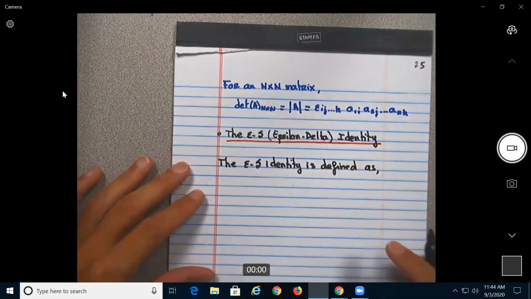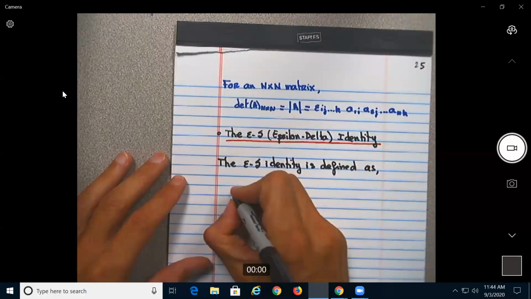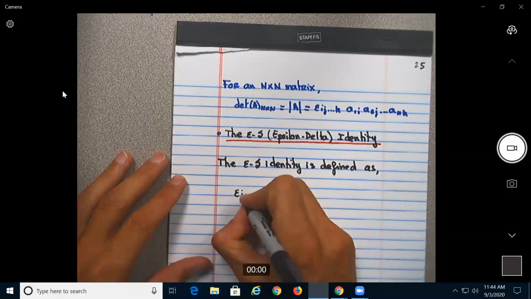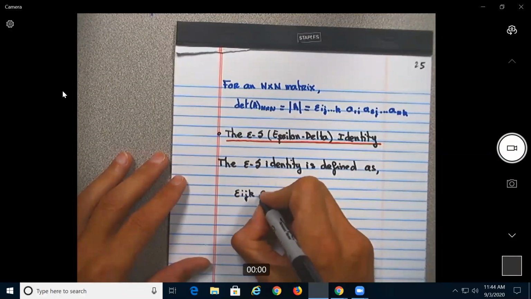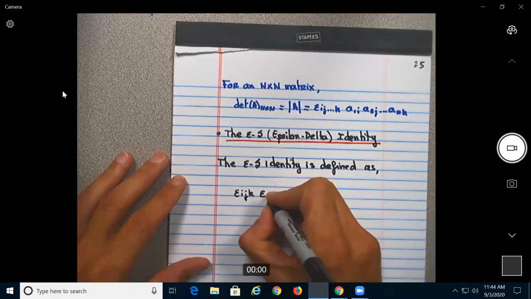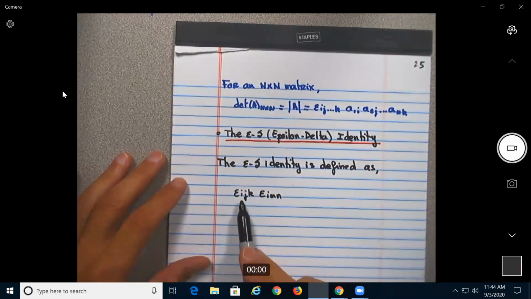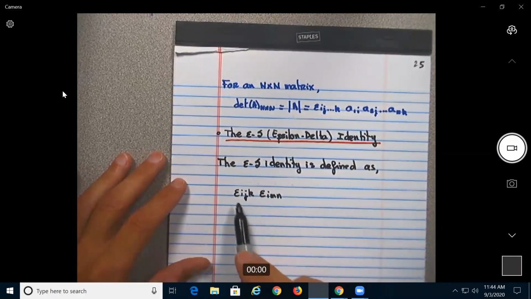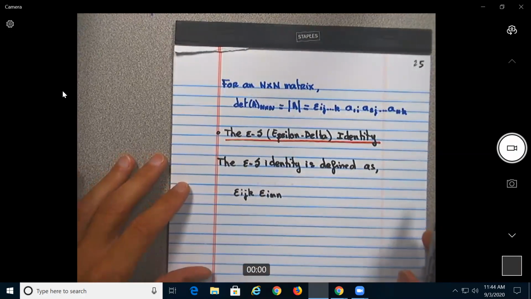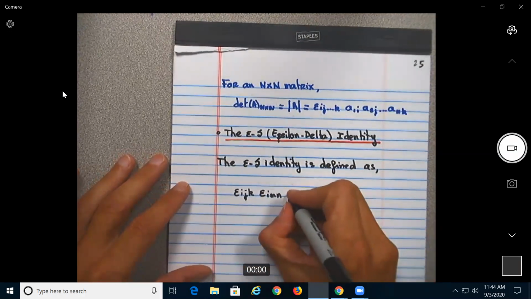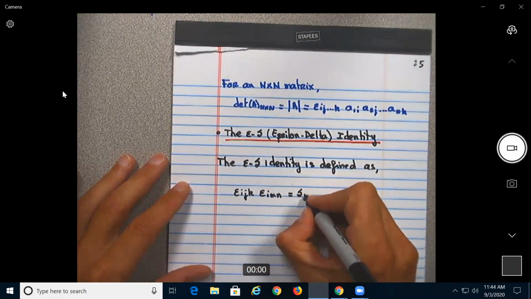as, so here pay a bit of attention, so you have epsilon ijk times epsilon imn. So here the trick is you always need to put the first one the same one, okay, of the order, and this is equal to delta jm.